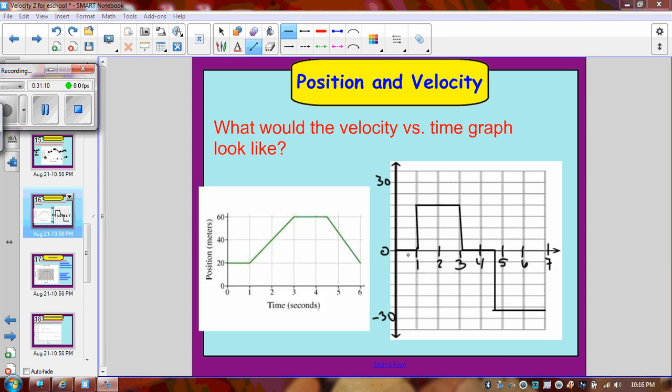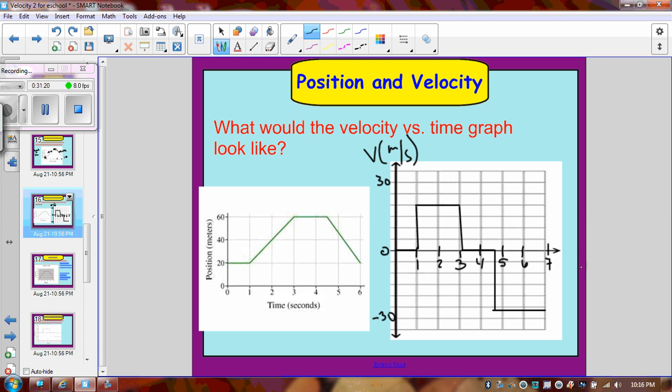Notice my scale, time went to 7 seconds, and then my velocity over here, and I should label this, excuse me, velocity in meters per second, and then time is in seconds. For the velocity I went up by 5s: 5, 10, 15, 20, 25, 30, and then same below.